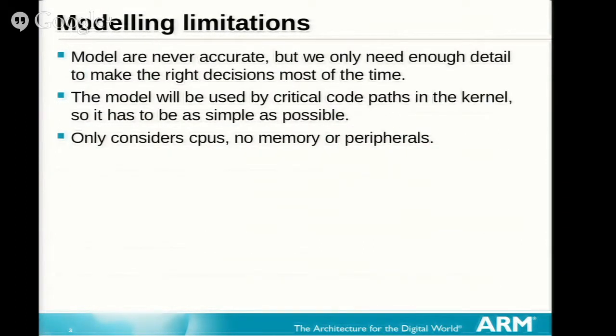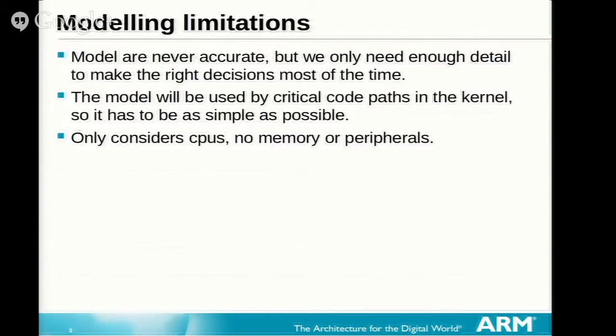So, a model always has some limitations. It's never going to be accurate. We're not trying to do better than our hardware engineers and come up with a glorious single model that can predict everything to a very high precision. What we're after is a simple model that can just help us make the right decisions.